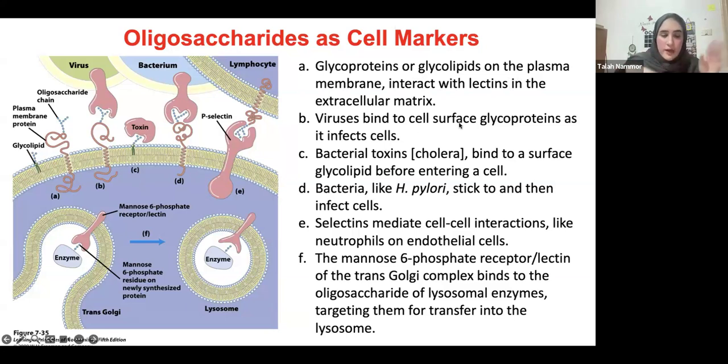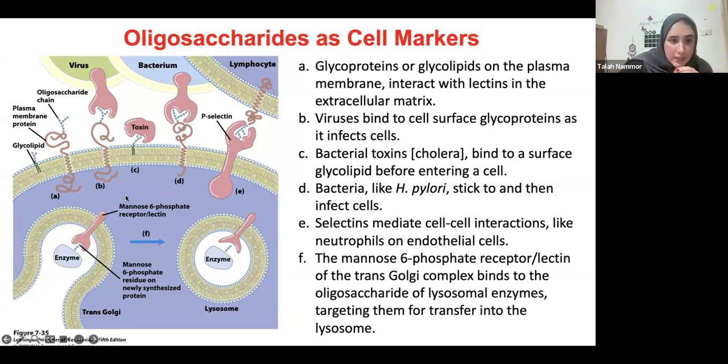This sounds like a bunch of word salad. Just look here. We have a plasma membrane protein, and with this protein, we have an oligosaccharide chain. And it's out. Why? Because it's waiting for something to bind to it. That's it. So oligosaccharides can be good for cell markers.